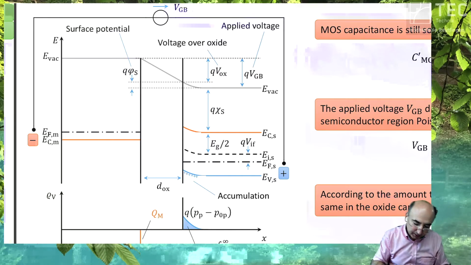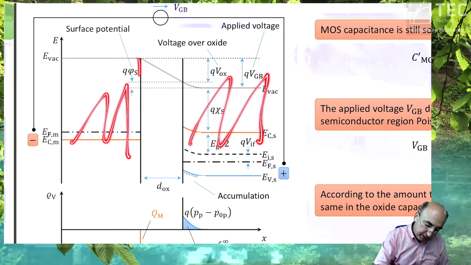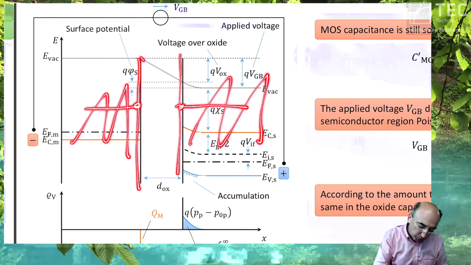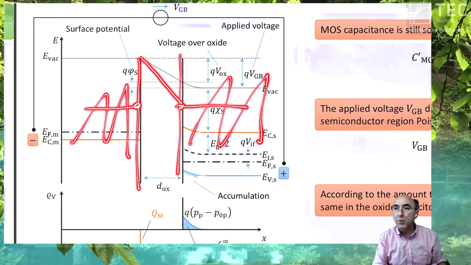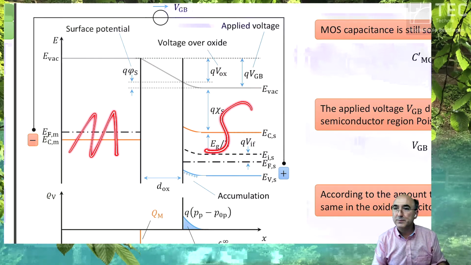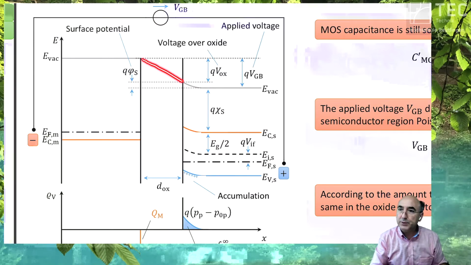Theoretically, if you had metal here and metal here, you would have a normal capacitor, so all voltage would drop over the oxide. But we have metal only here, and here a semiconductor. Therefore, a portion of the potential difference is in the oxide, and a small portion is in the semiconductor.